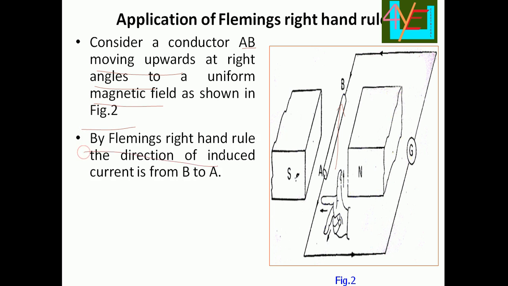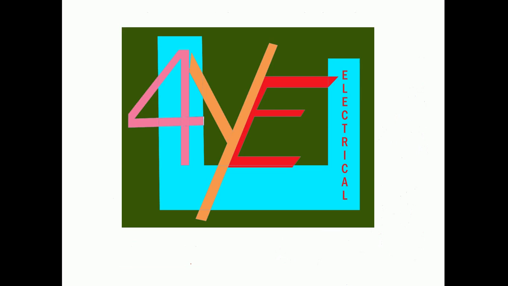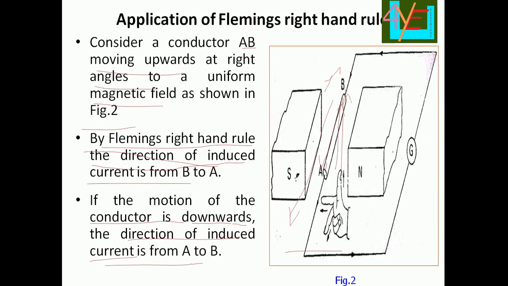By Fleming's right hand rule, the direction of the induced EMF is B to A. If the motion of the conductor is downwards, the direction of the induced EMF will be A to B. So this is the application of Fleming's right hand rule and dynamically induced EMF.